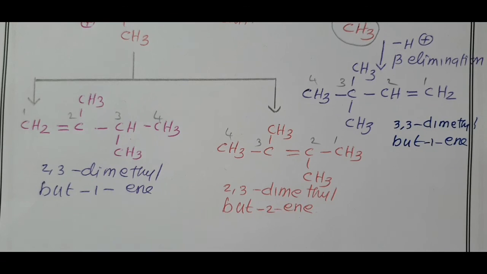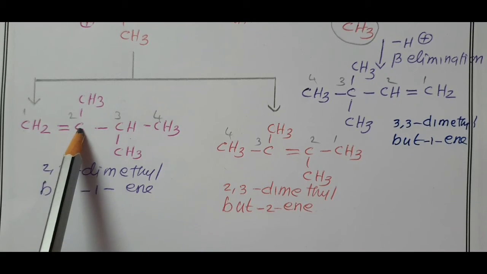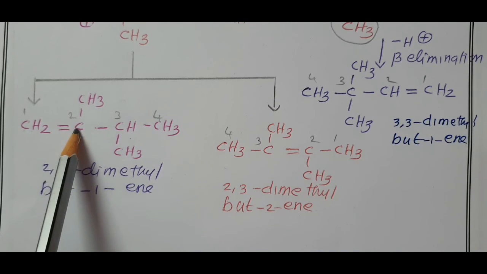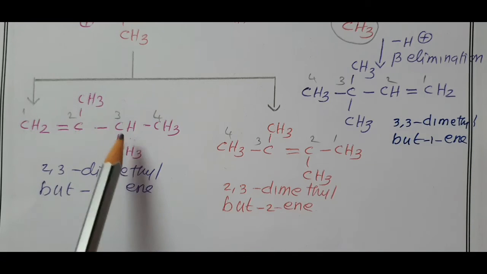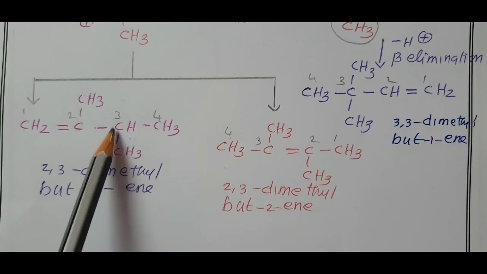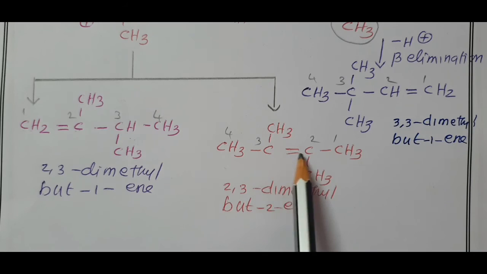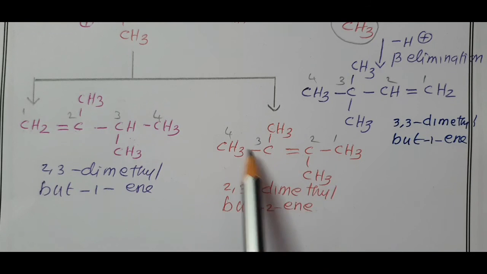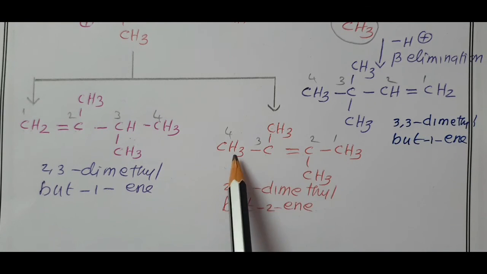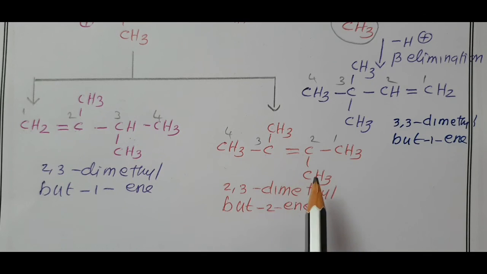This is the double bonded carbon atom. In this double bonded carbon atom, only 2 substituents are present. One is methyl, another one is isopropyl. In this double bonded carbon atom, 4 methyl alkyl substituents are present, more alkyl substituents. This is your 2,3-dimethylbut-2-ene, simply called tetramethylethylene.